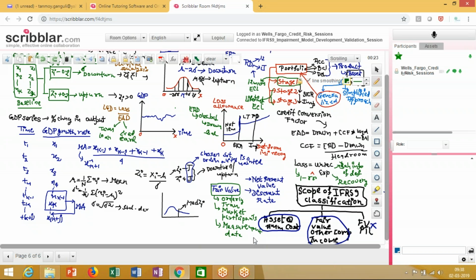Now, given that these three exist, the fair value is the price that is received to sell an asset or paid to transfer a liability.